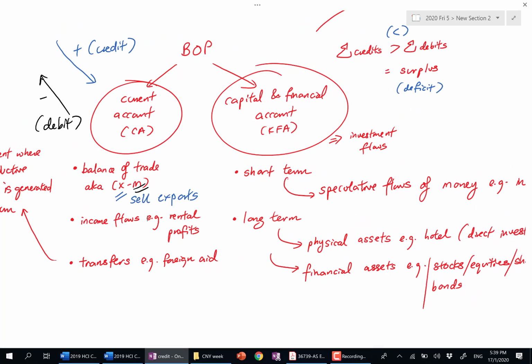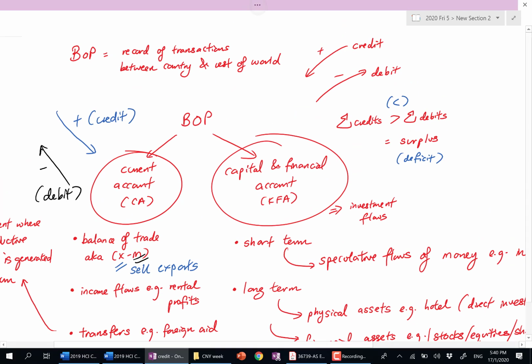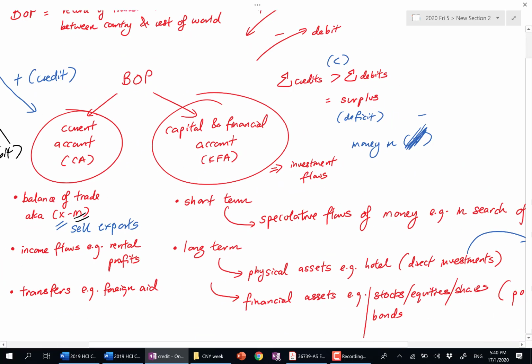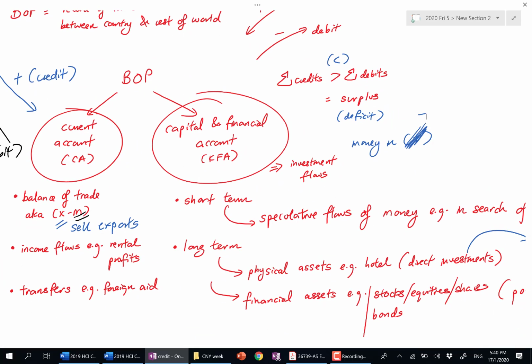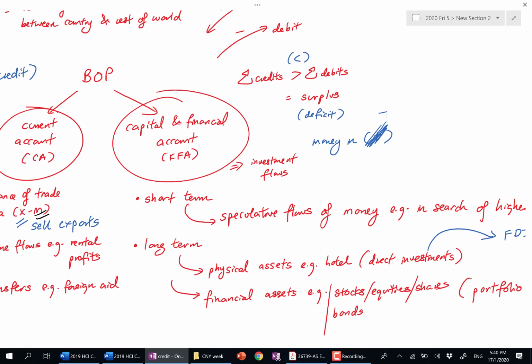And this one, listen carefully. It used to be the case that in the KFA, money in used to be recognized as credit. But 2 years back, they changed it to debit. Why is it that when money comes in this account, it's called a debit? It's just an accounting thing.